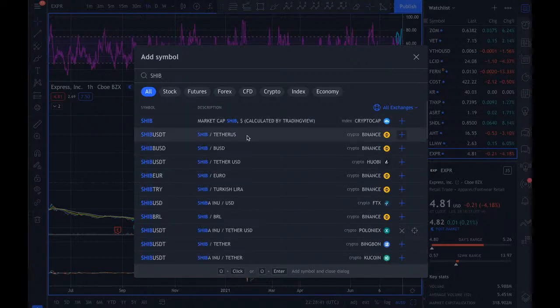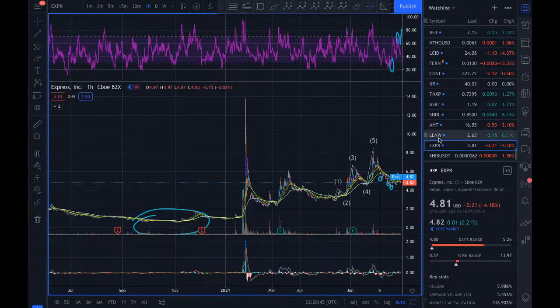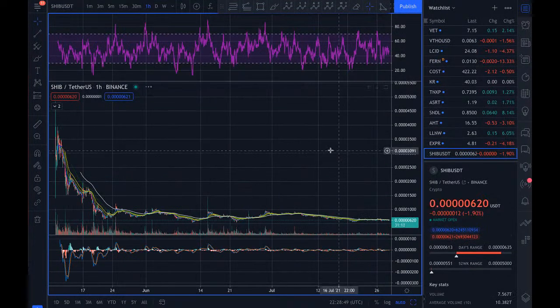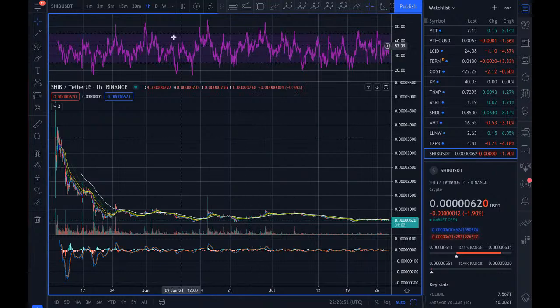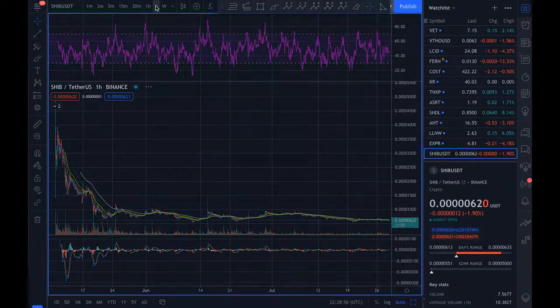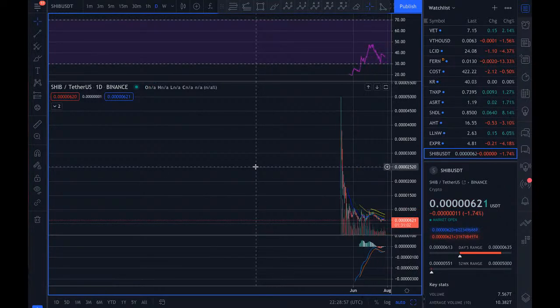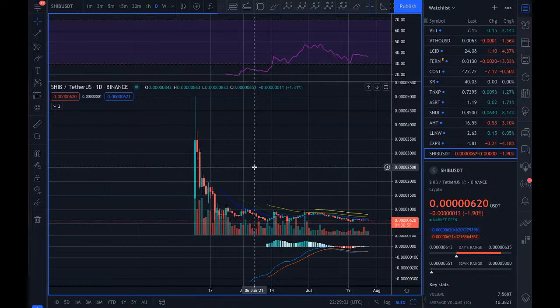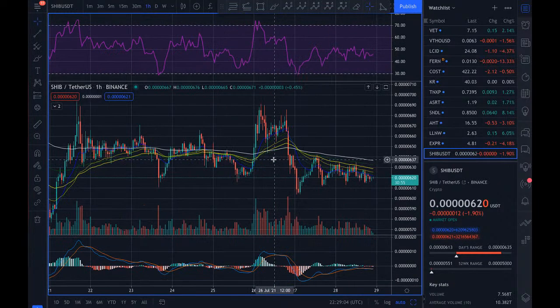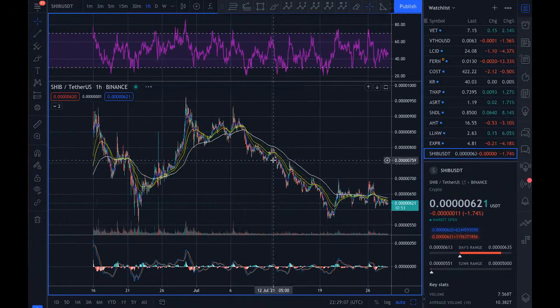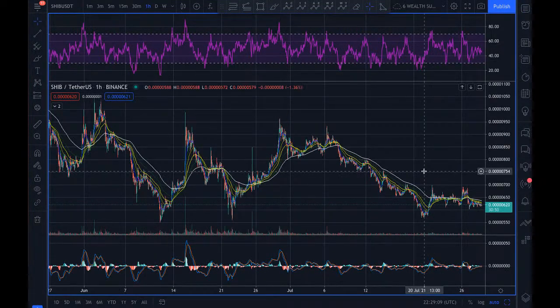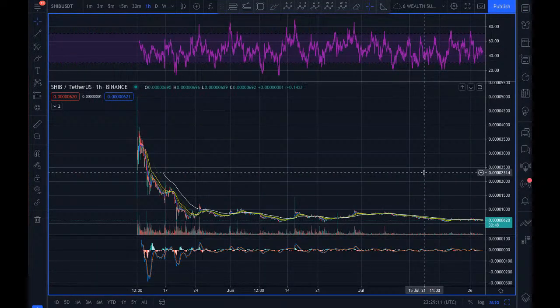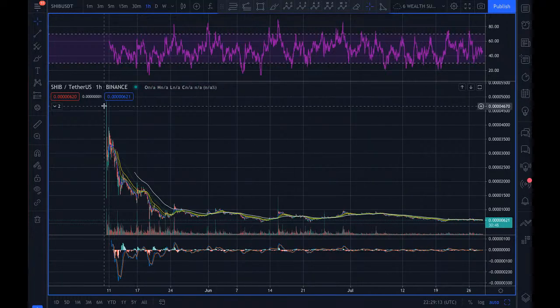SHIB / tether. All right. Oh, wow. Alrighty. Let's go on the daily. Okay, so it's not that old. So there's not that much info left. So actually the hour was fine. Wow.